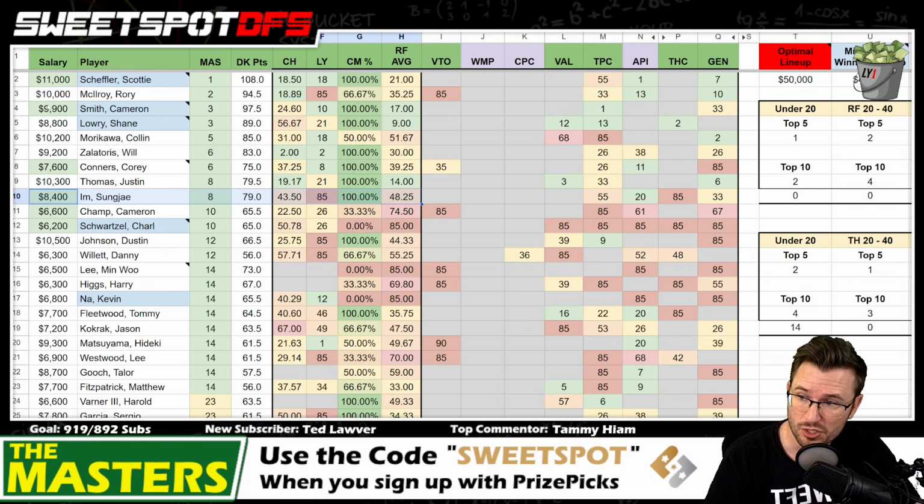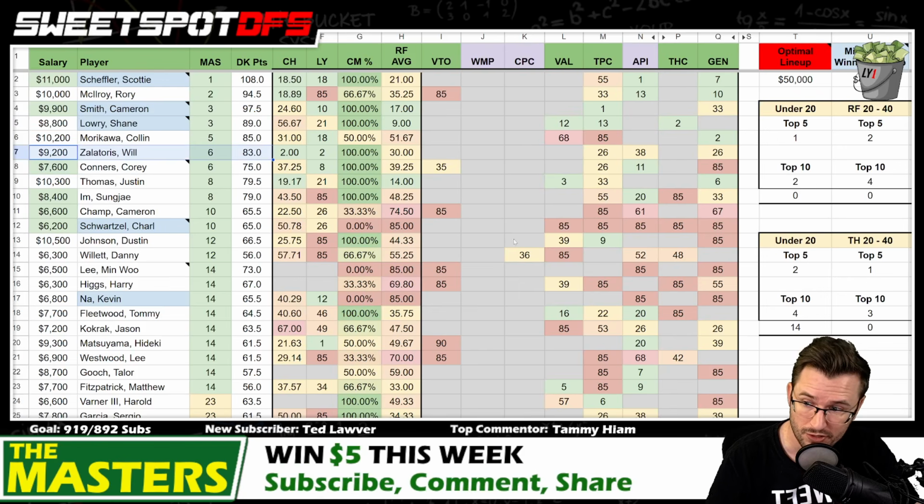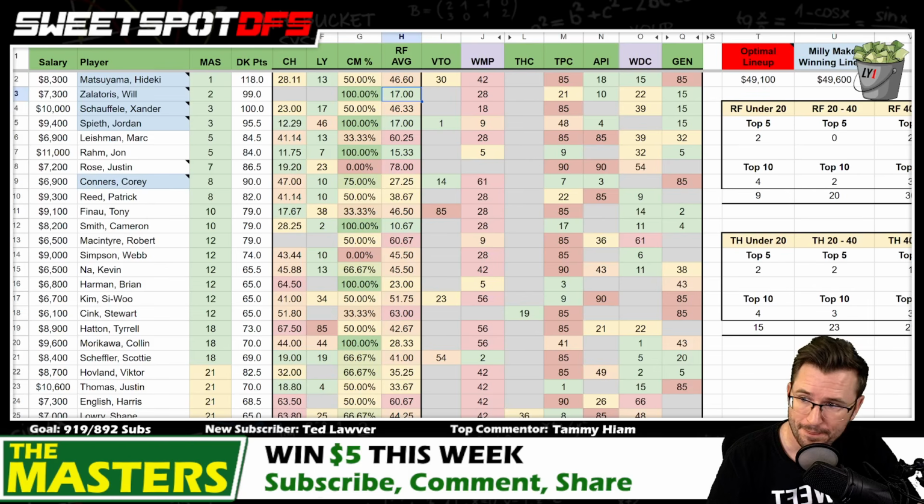But Cam Smith was your 9K golfer. There's only 1, but there were additional ones that did finish inside the top 10. 2021, Matsuyama won that time, but it was only Spieth in the 9K range because it was 10, 9, 8, 7 as 1, 2, 3, and 4.